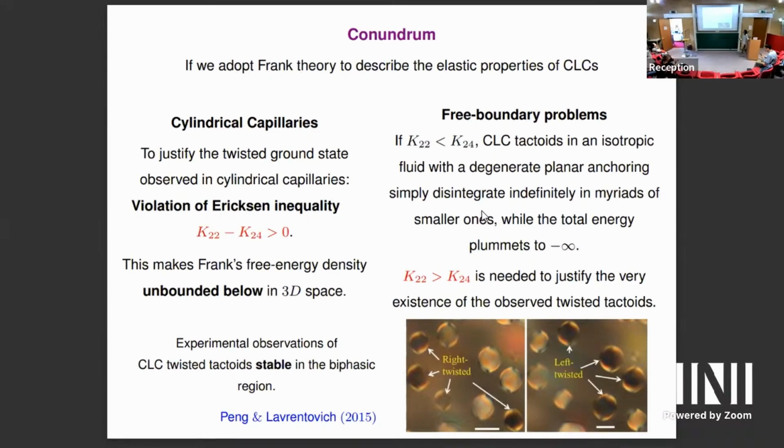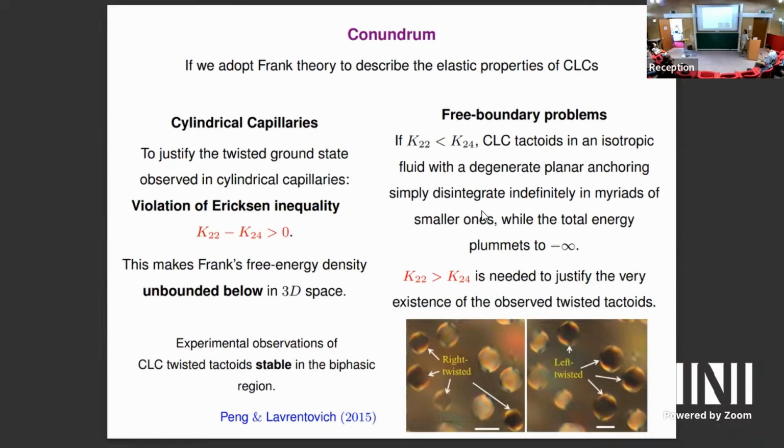And so we need that the Ericksen inequality is not violated in order to justify the very existence of the observed twist tactoids. But on one hand, to justify the twisted ground state, we need to violate one of the Ericksen inequalities. But on the other hand, this must be verified.